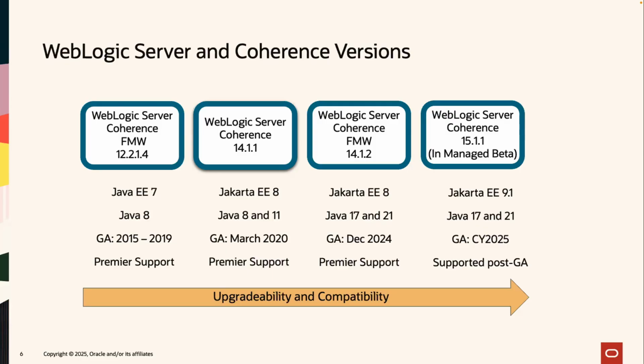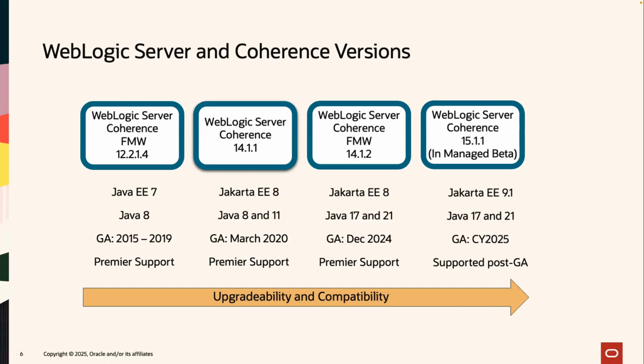And the final release I'd like to mention is a release under development. It's WebLogic Server and Coherence 15.1.1. 15.1.1 is, at least initially, a WebLogic Server and Coherence only release. This is available today in managed beta form.